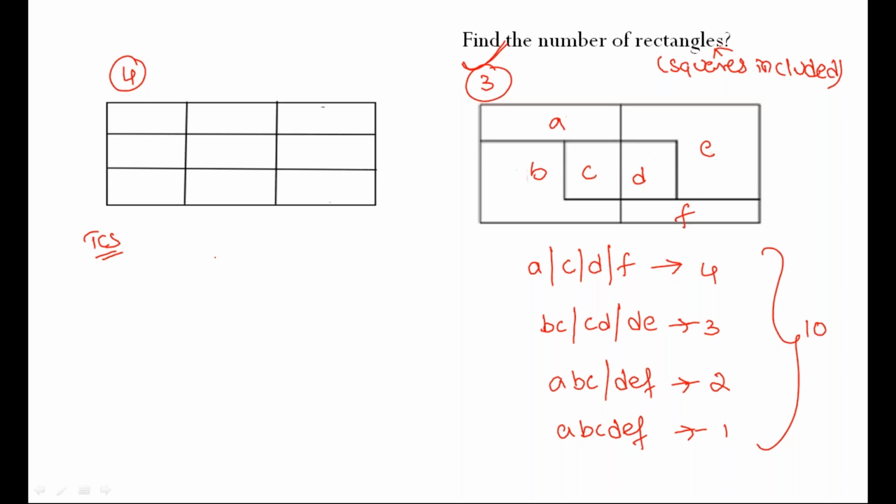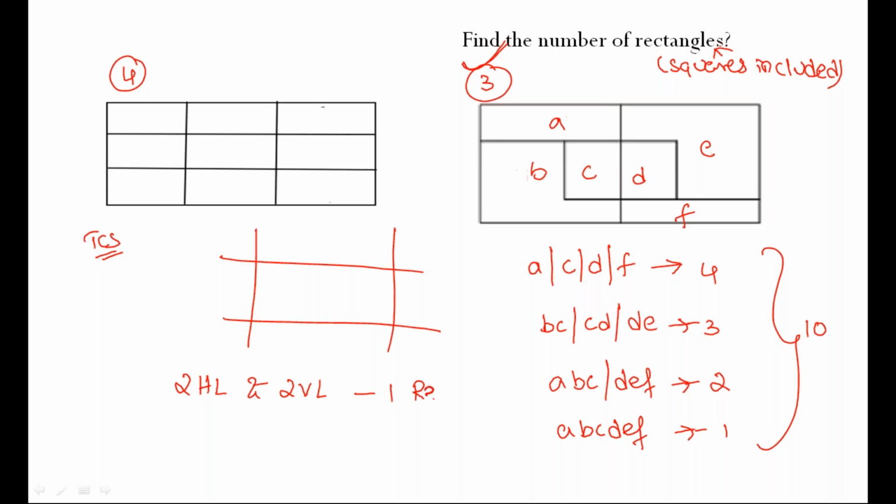Now friends, listen. If you have 2 vertical lines and 2 horizontal lines, is a rectangle formed? So what you require is 2 horizontal lines and 2 vertical lines, so that one rectangle is formed. Very good.